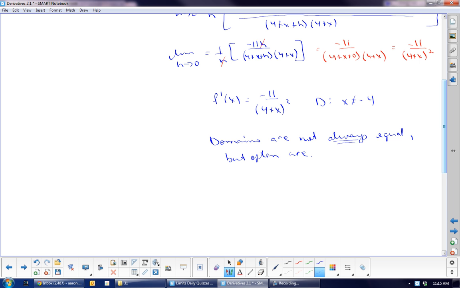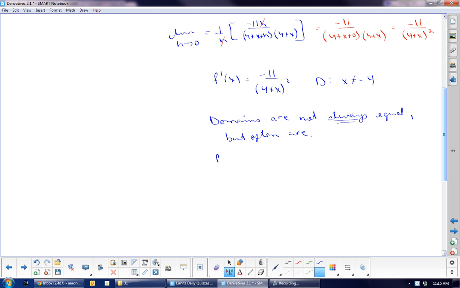But one thing I can say for sure is that the domain of f prime of x is at least a subset of the domain of f of x. Subset means that it'll be at least part of it.